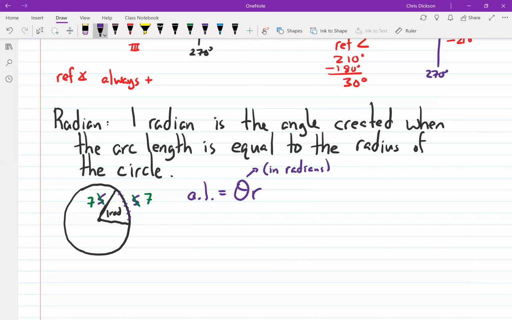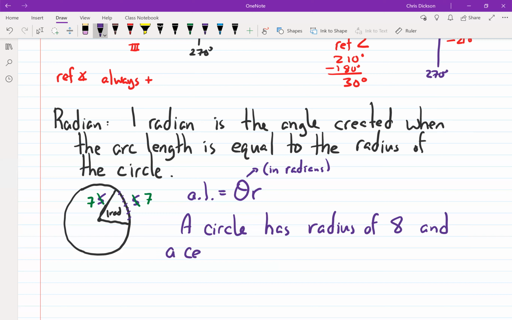So let's just give you a question like this. Let's say you were told a circle has a radius of, let's say, 8, and a central angle of 2 radians.